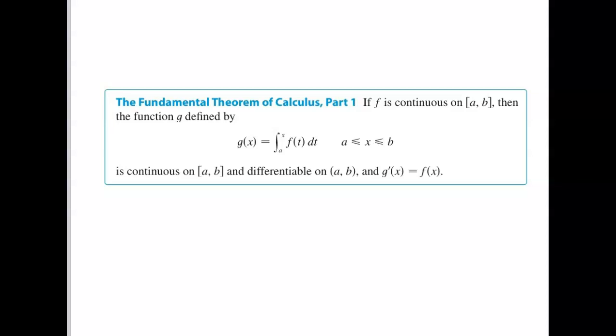I don't want you to get too in your head about it. All it does is establish that derivatives and integrals are inverse processes.